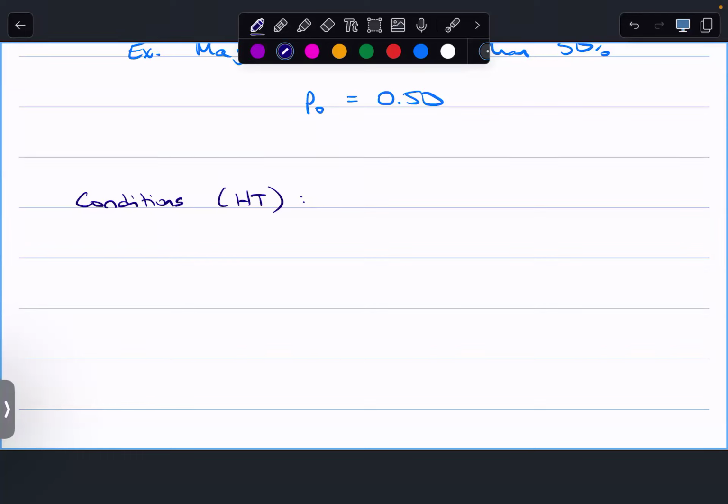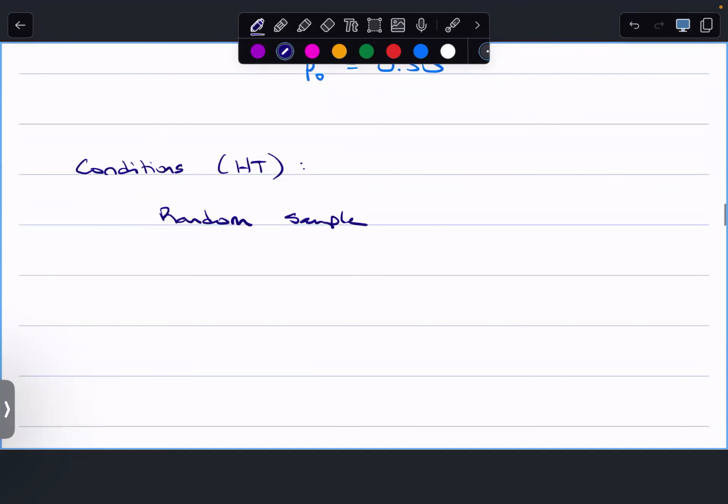The first two conditions are the same. That's nice. Kind of less memory space, right? So we have to have a random sample. And we still have the n less than 10% condition. So your sample size has to be less than 10% of the population. And this I'll summarize as the independence condition.